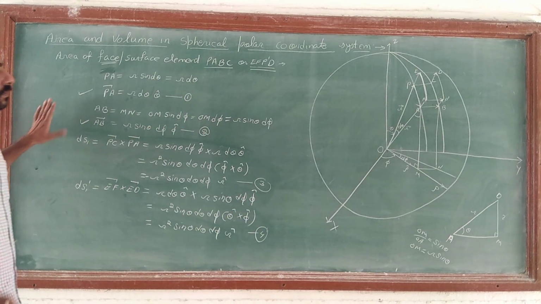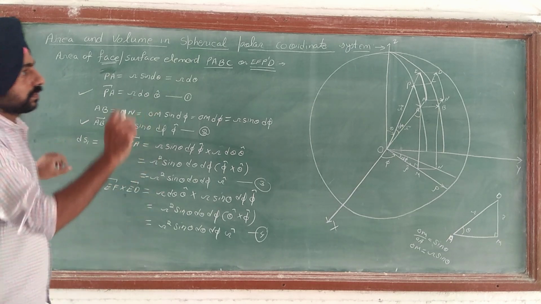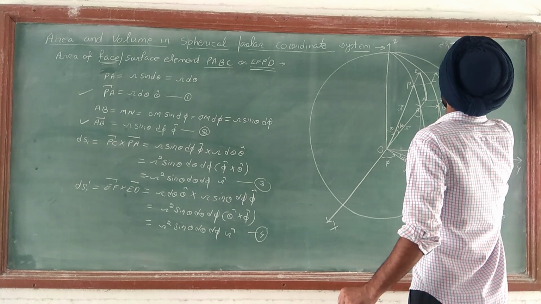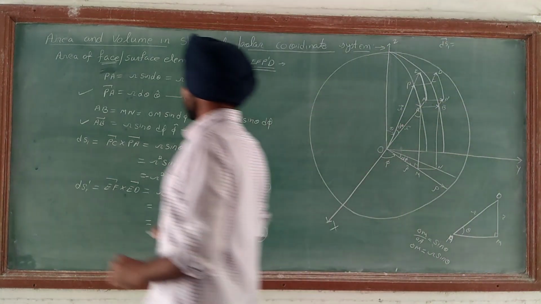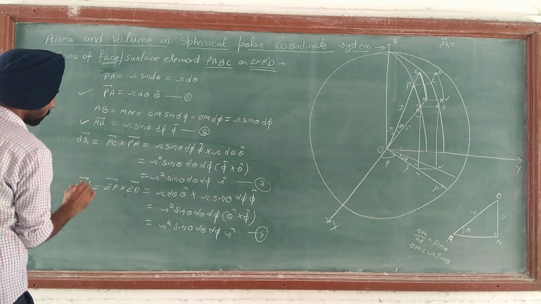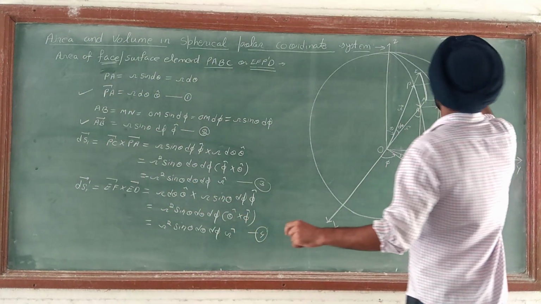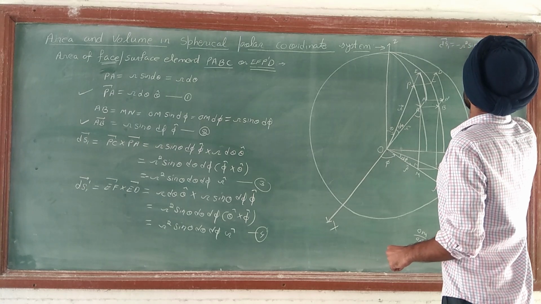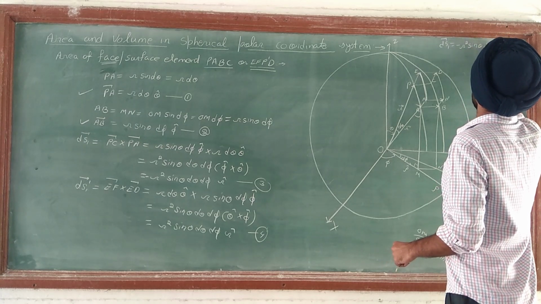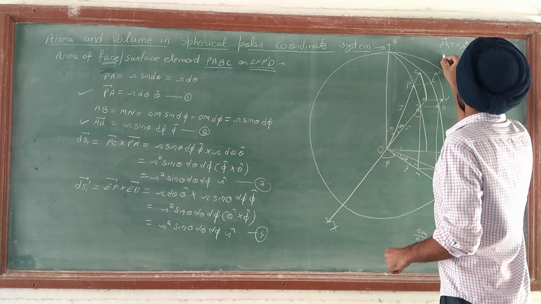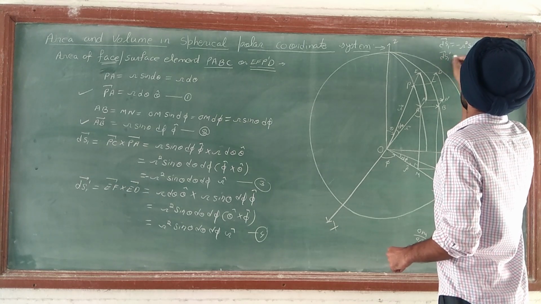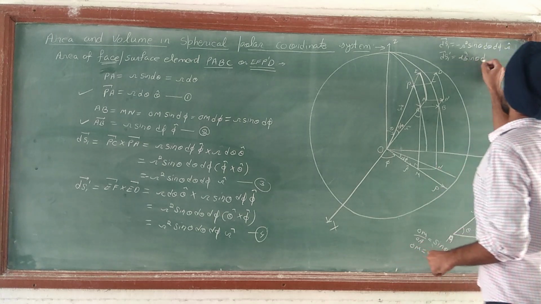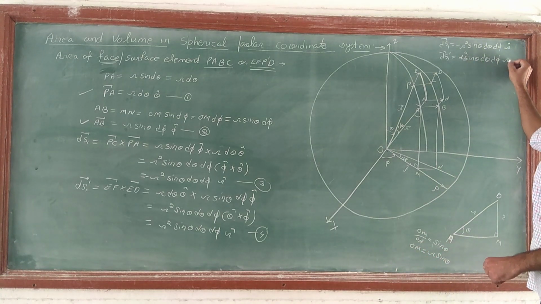It's better if we write all these values here. dS1 is the area vector, dS1 is minus R² sin θ dθ dφ R cap, and dS1' is R² sin θ dθ dφ R cap.